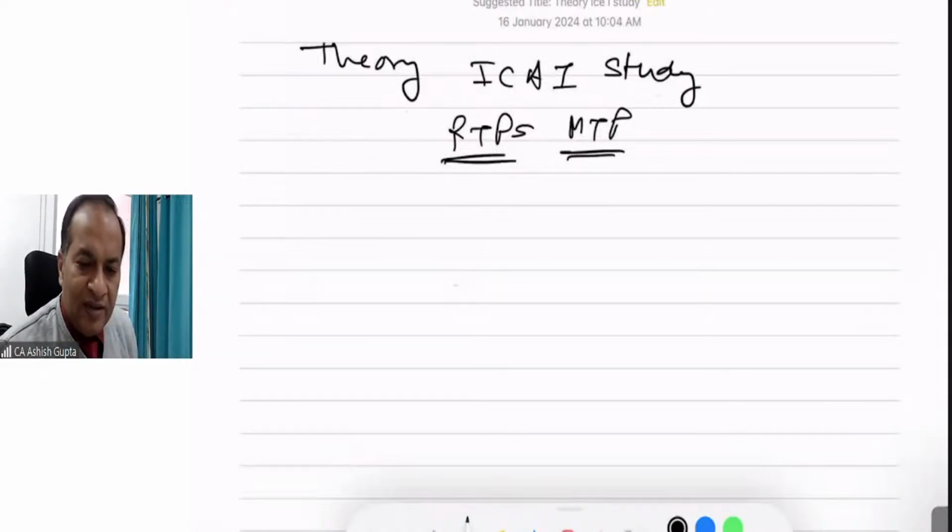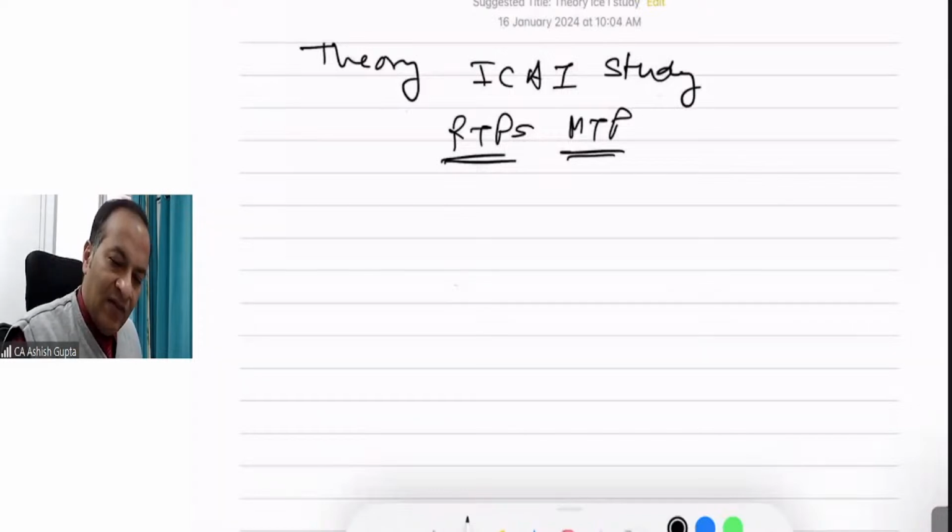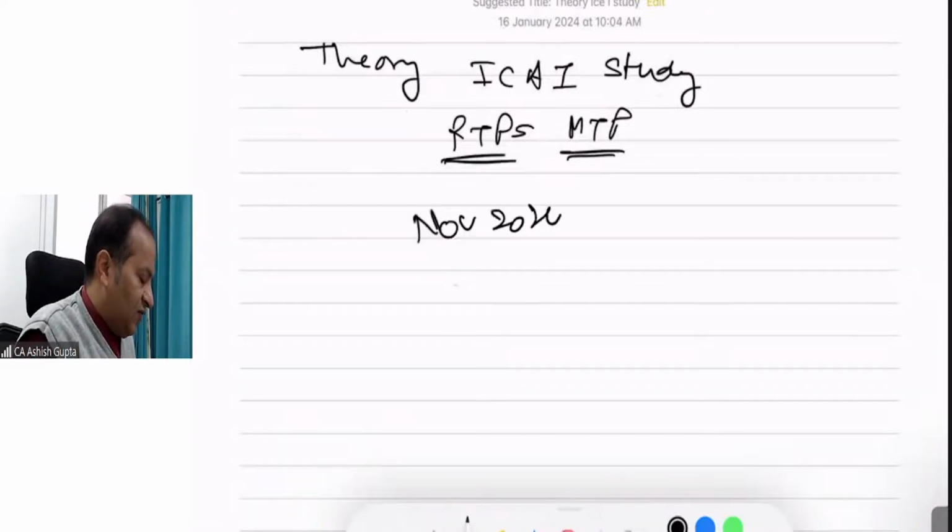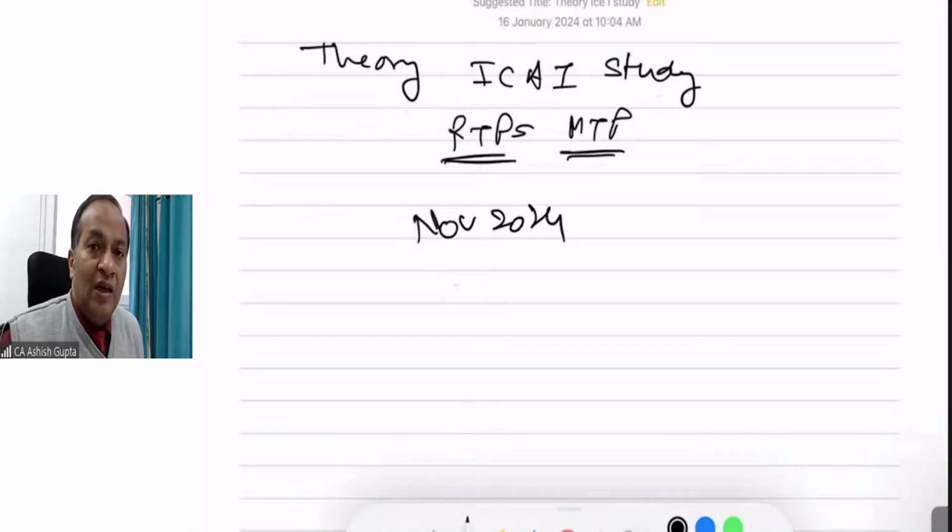Now, the next question was regarding November 2024 classes. Students, in the first class I told you these classes are meant for all, as there is no amendment kind of thing in the AFM paper. So students appearing in November 2024 can also attend these classes. They are equally good, don't worry.